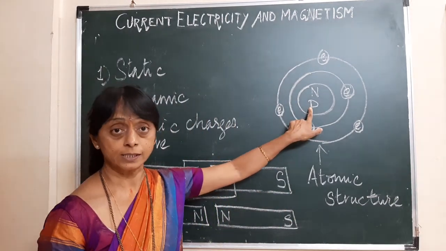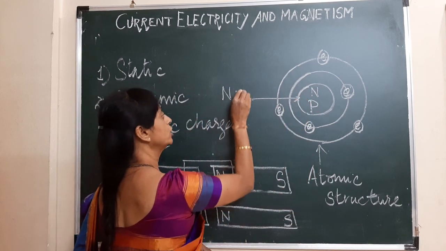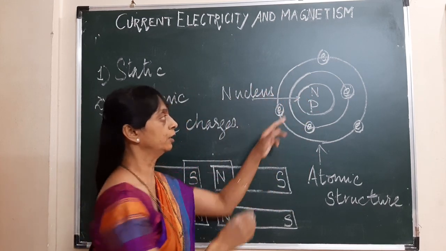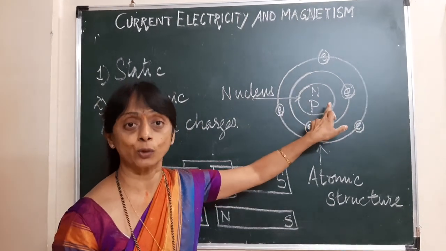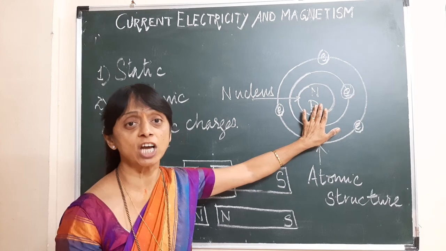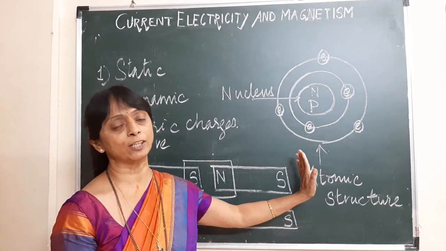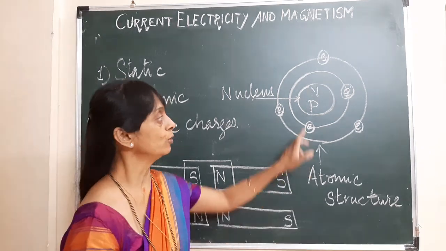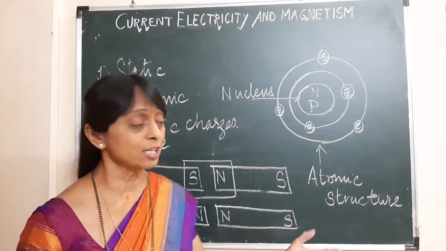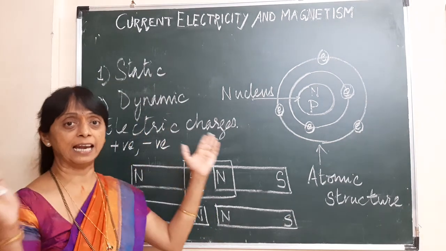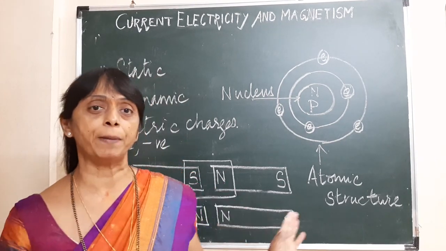The core is called the nucleus, which contains the protons and the neutrons. The nucleus as a whole is always positively charged, and the electrons are the negatively charged subatomic particles. And we know the positive charge and the negative charge are unlike charges. So like your magnets, unlike charges attract each other, and like charges repel each other.